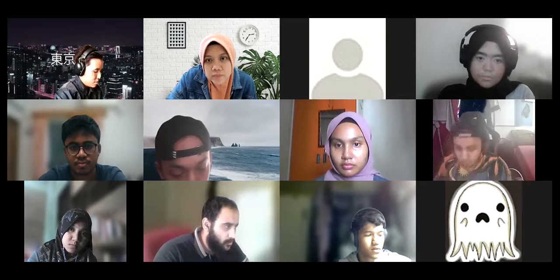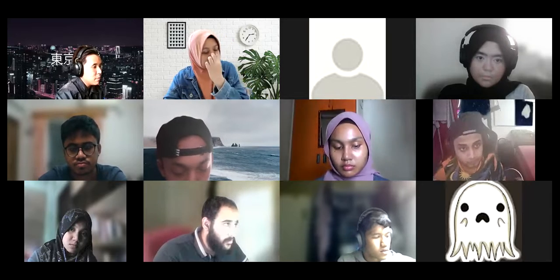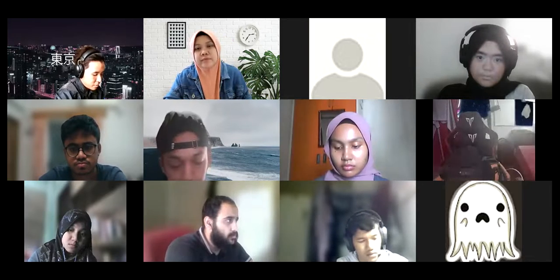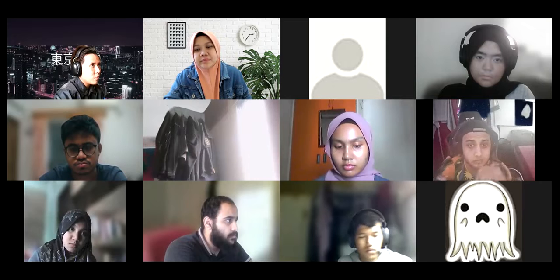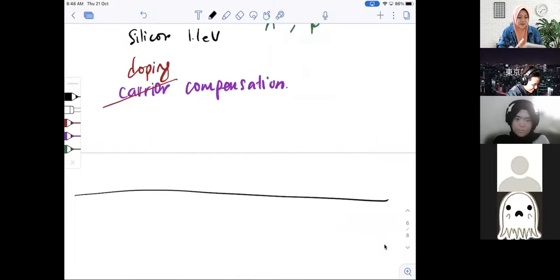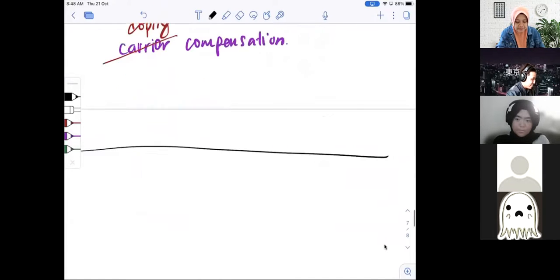So the direct band gap is where the minimum of the conduction band is directly on top of the maximum of the valence band. Band, not bond. Covalent band, you keep switching band and bond. Bond and band are two different things, right? Sorry, madam.